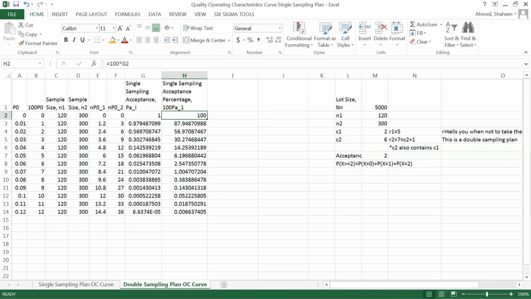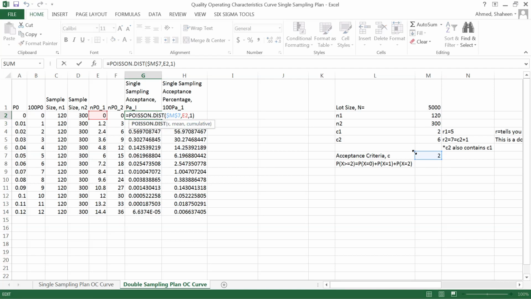So now we're going to create some situations based on the criteria that we have set. In this case, this probability is based on the original acceptance number.